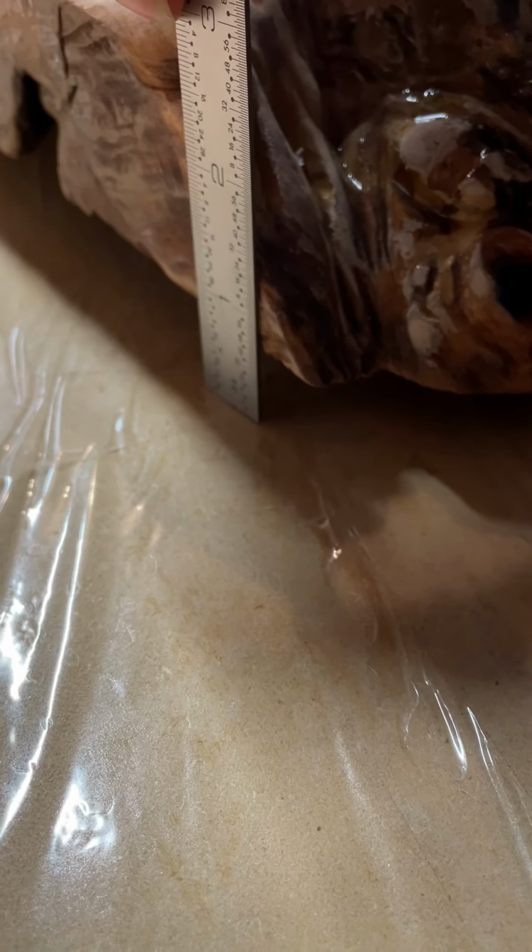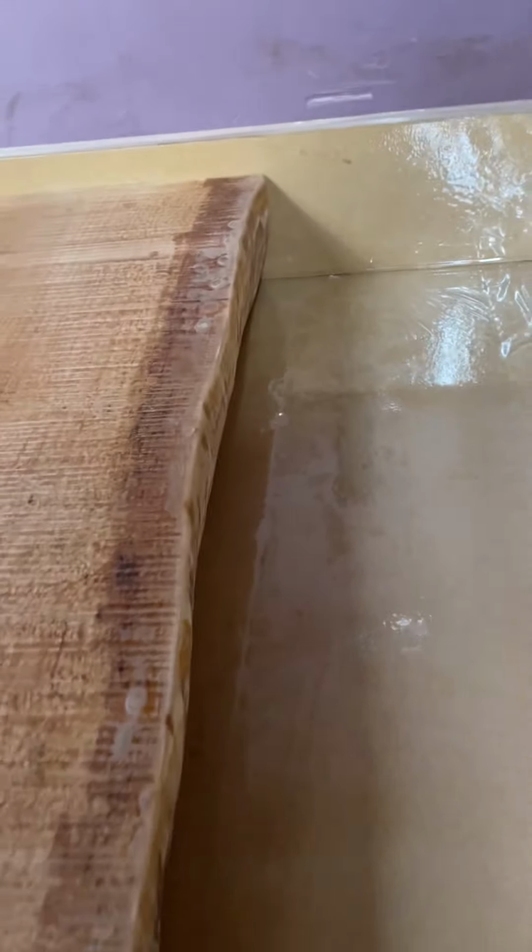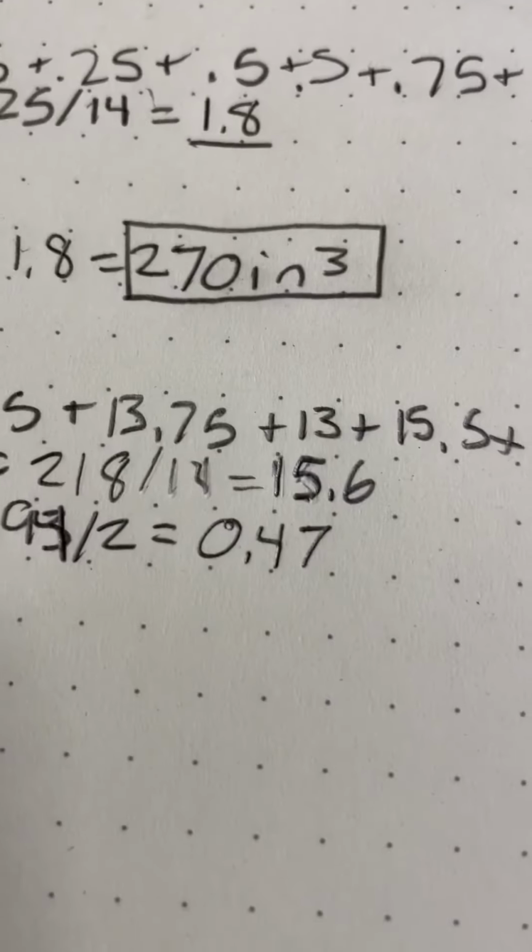It's about 0.75 actually, 0.75 inches. So the height is about 0.75 inches here, and I already measured over here, and it's about 12 64ths, which averages about half, 0.75.